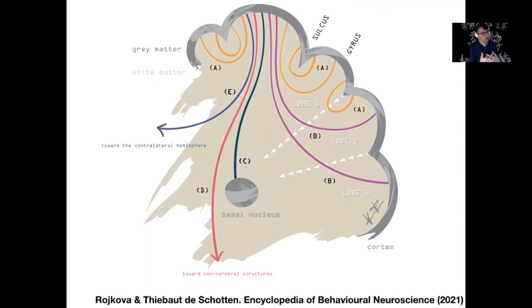They can be very close, next to each other, or they can be in a different gyrus, so you skip a sulcus, as you can see here in orange, or you can directly go into a different lobe of the brain, from the frontal to the parietal lobe, for example, or from the frontal lobe to subcortical structures.